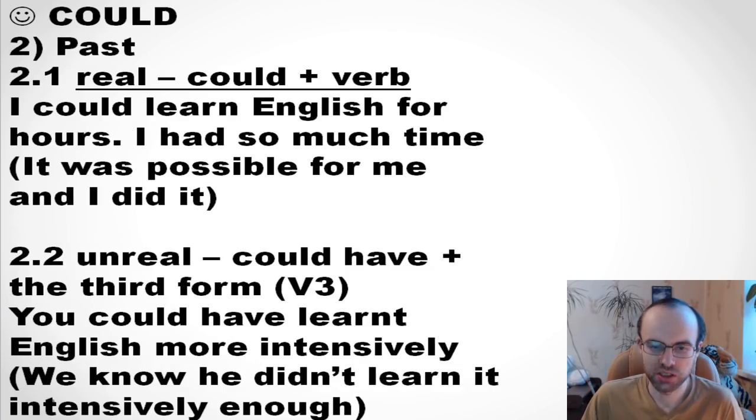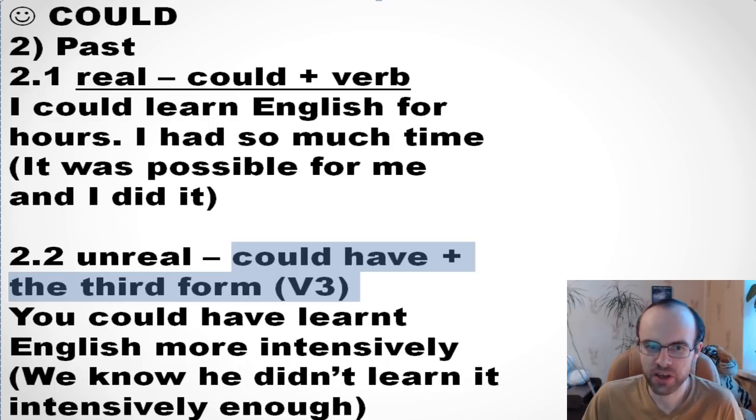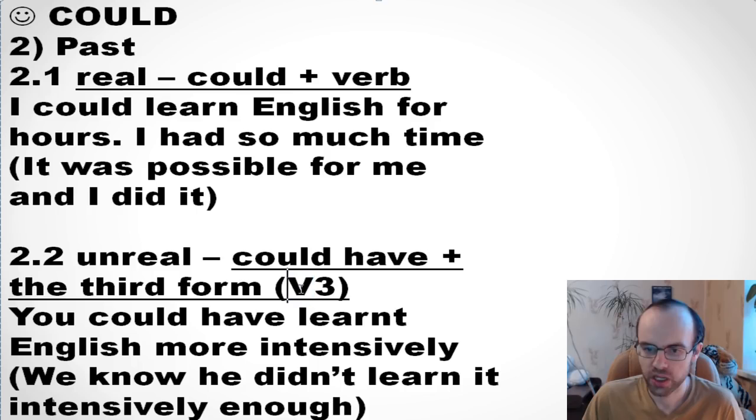Good. But my friend, there is one more situation. So you see that sometimes we use could for some situations which were unreal, and you need to use another structure. Look, could have plus the third form of the verb. V3 means the third form, unreal.